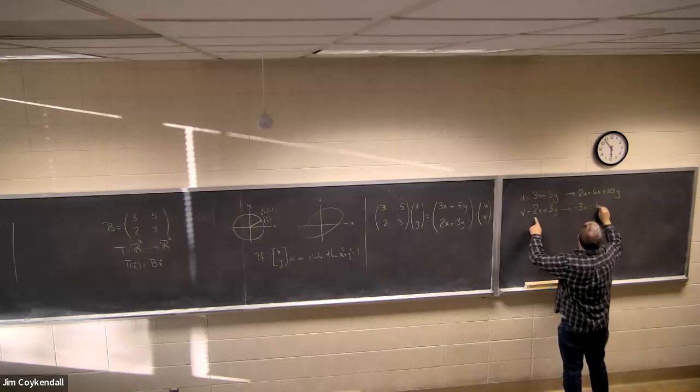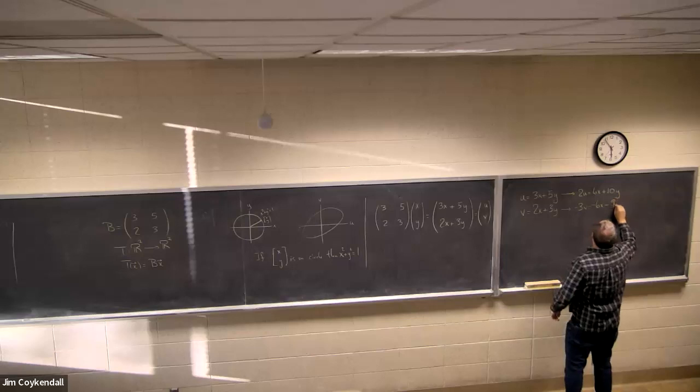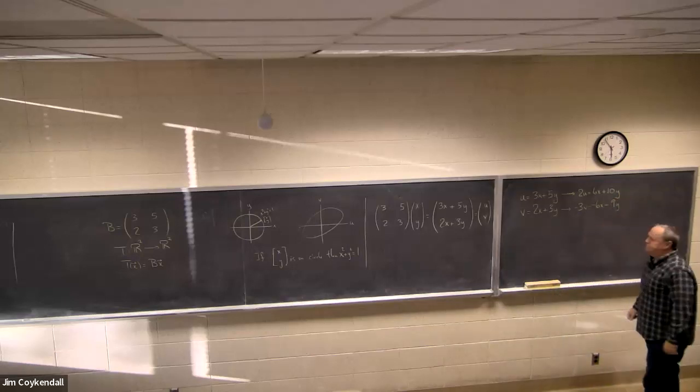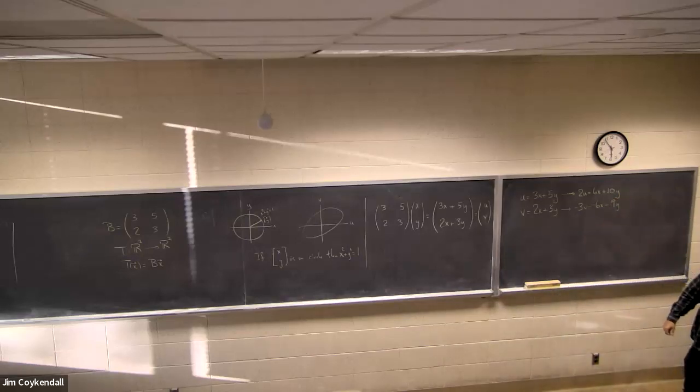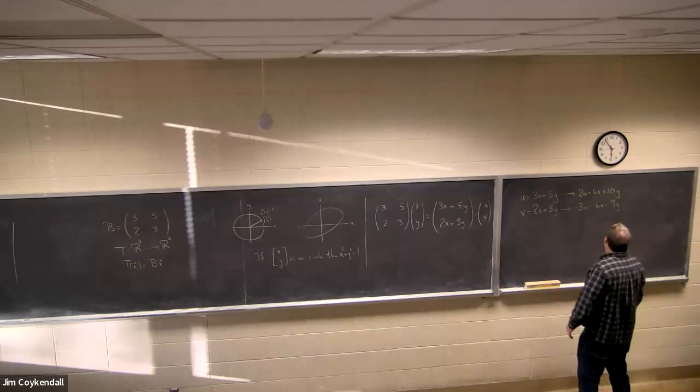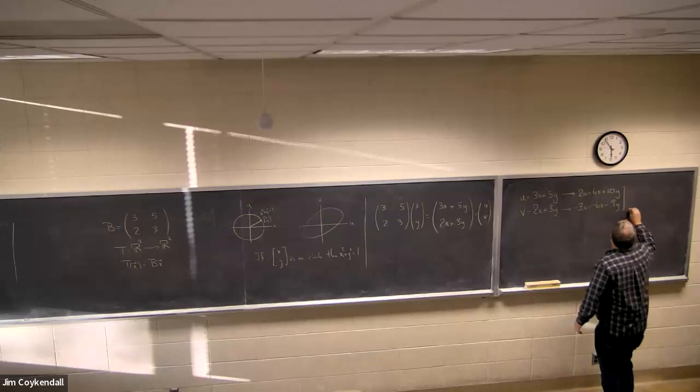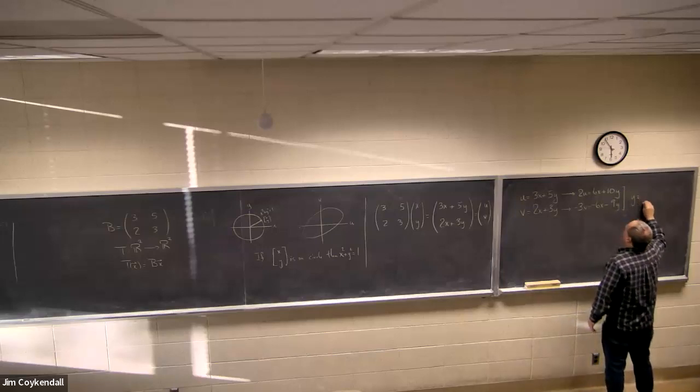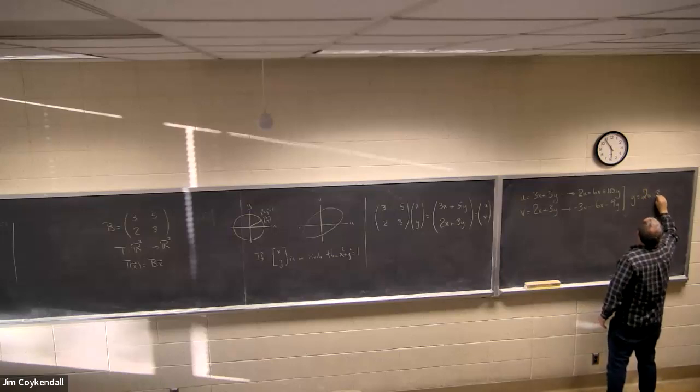My strategy here, of course, is to get rid of the X business. So after all this rigmarole, I get Y is equal to 2U minus 3V.